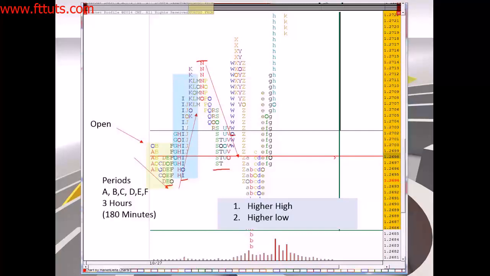Now, sure enough, you would have been able to get a few pips if you were long at this point once W opened and you decided to take a long. And so let's say you got in somewhere here, you could have taken a few pips out if you're scalping.